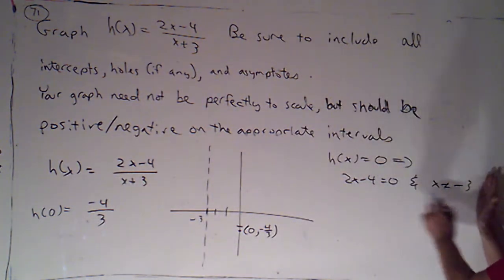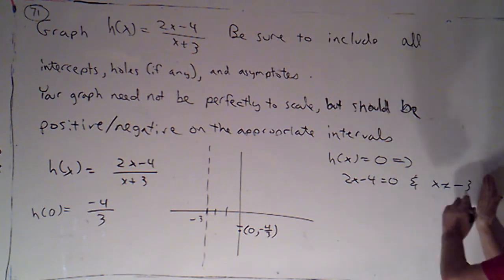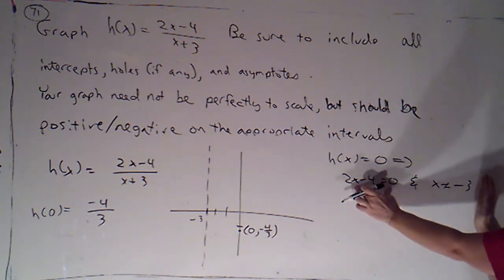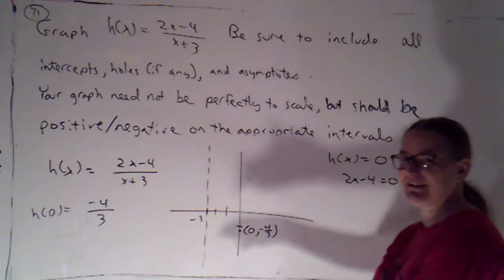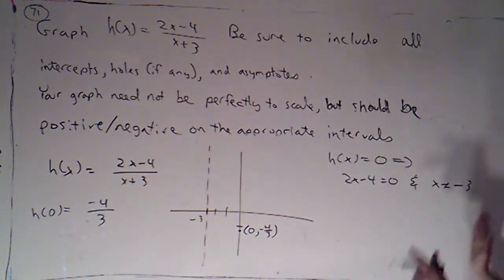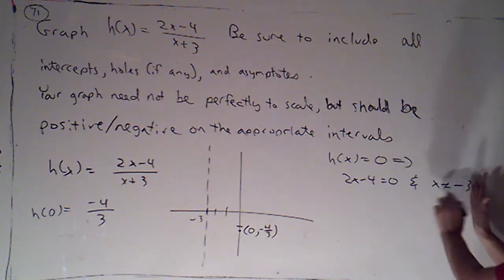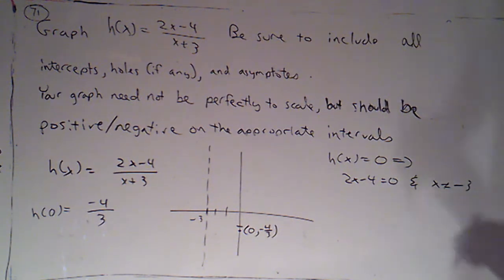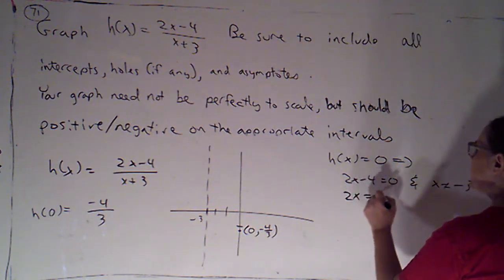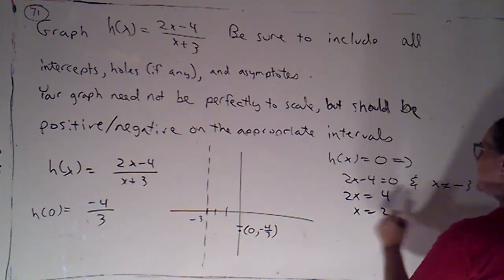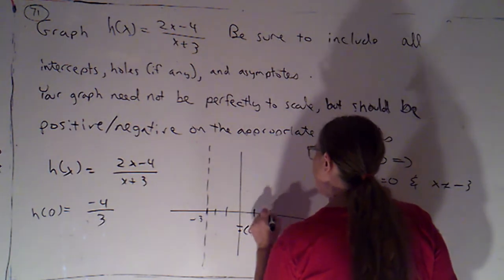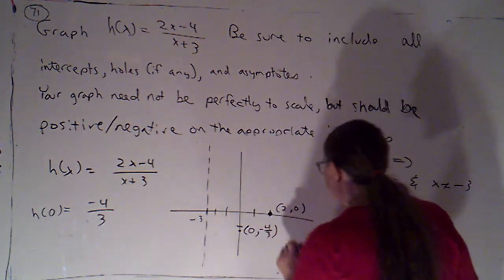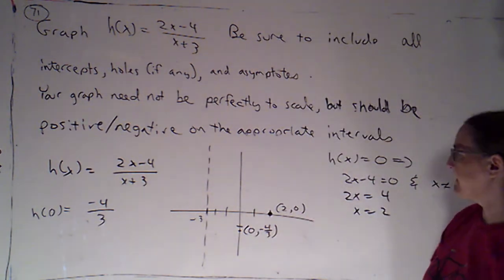I do like to just write this because if I get in the habit of just saying it's 0 if the top is 0, and then later I have a problem where the top and bottom are simultaneously 0, I might forget that that doesn't count. So I'm usually going to write that down just as a reminder. Notice this would mean 2x equals 4, so that x equals 2. So my x-intercept is the point 2, 0.